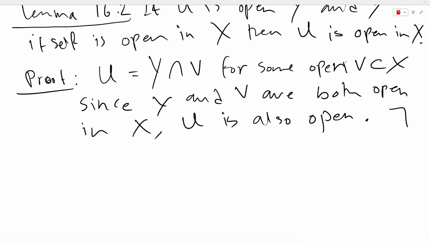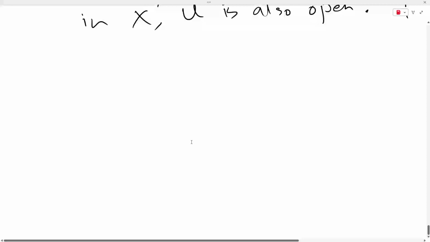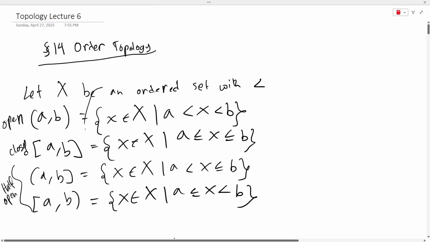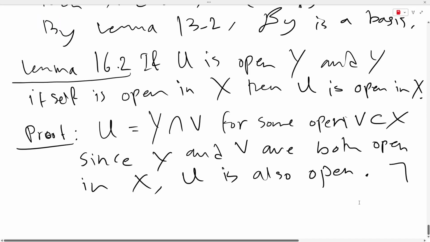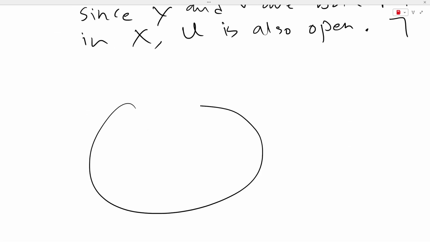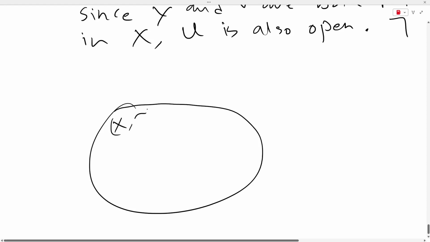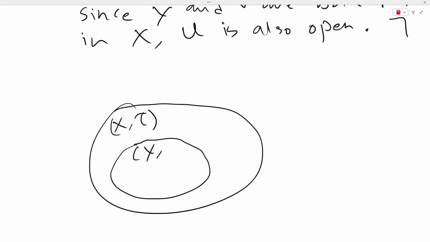So a subspace is basically like you have this topological space, let's say X with topology tau, and you can have another subset inside it, which is Y with tau_Y, and this is also a topological space.